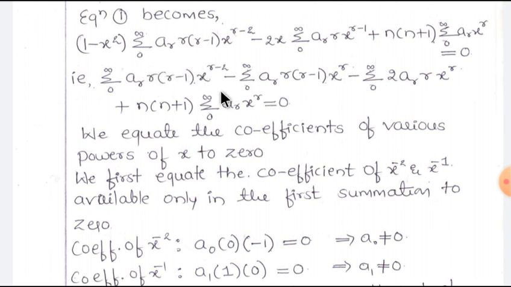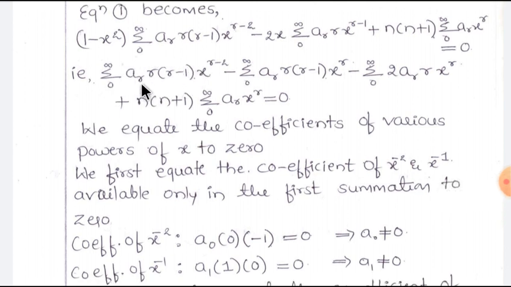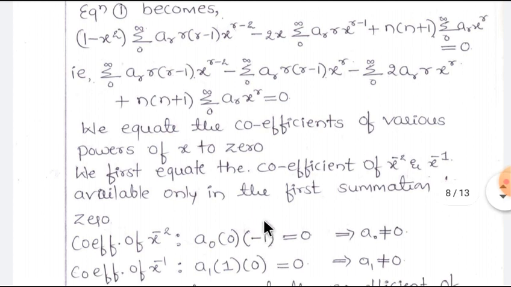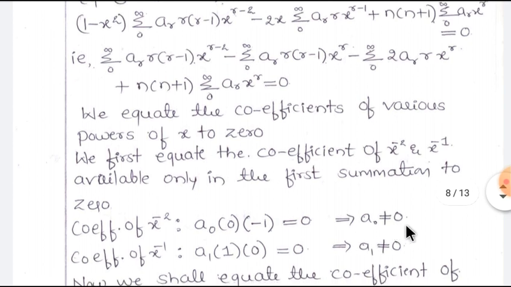Second, third, fourth do not exist, they do not contain x to the power minus 2. So if r is equal to 0, then only equate the first term, means a naught into 0 into 0 minus 1 which is equal to 0, then a naught is not equal to 0.